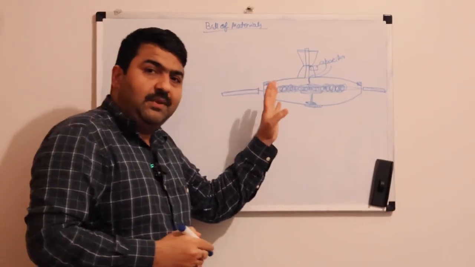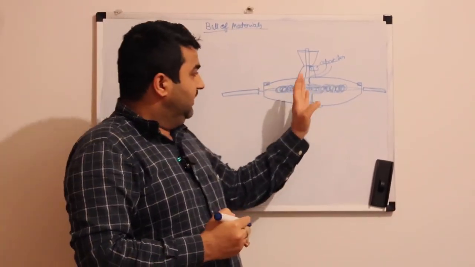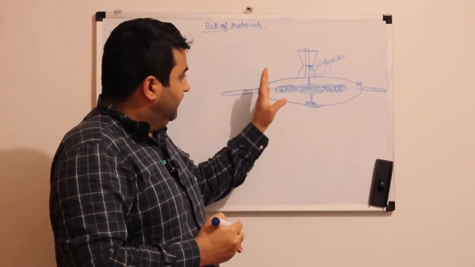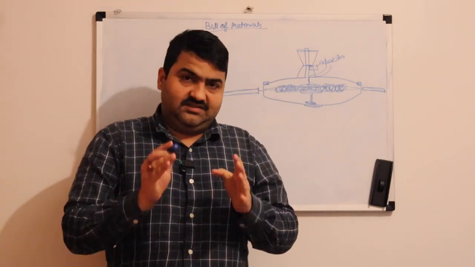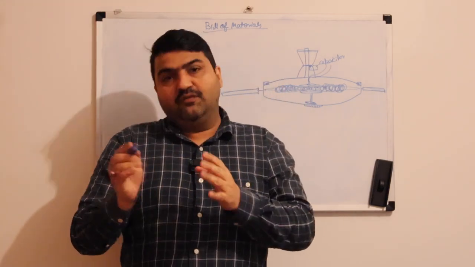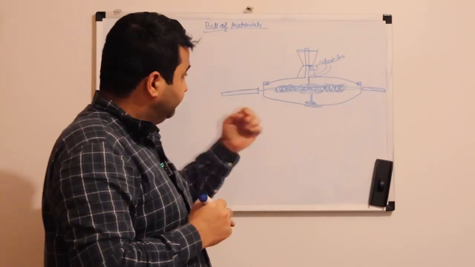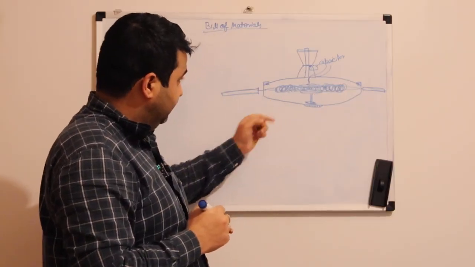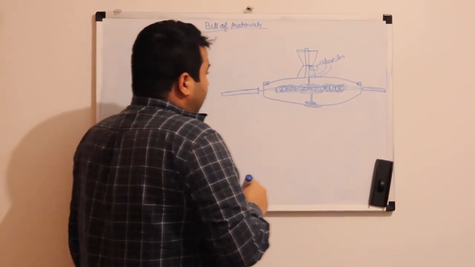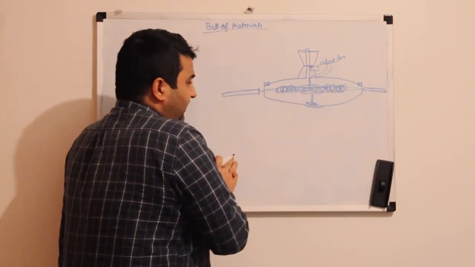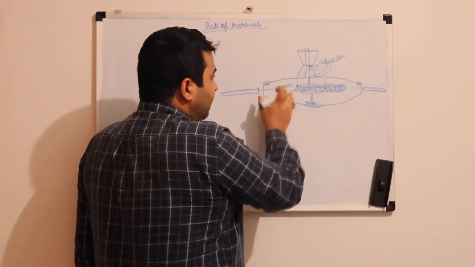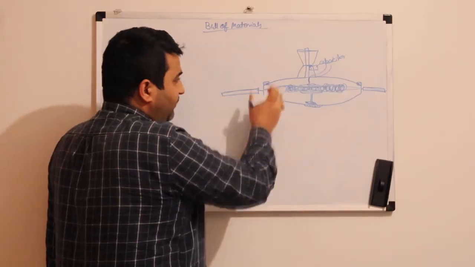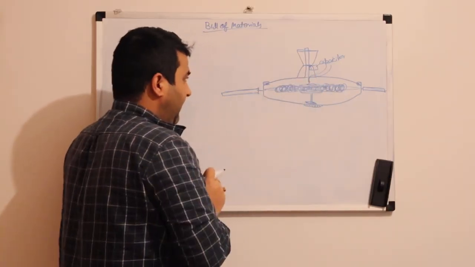So if we plan, this student has a doubt about what is the bill of material. Here we can see, to manufacture this fan, what is the list of materials, or what are the materials we require.